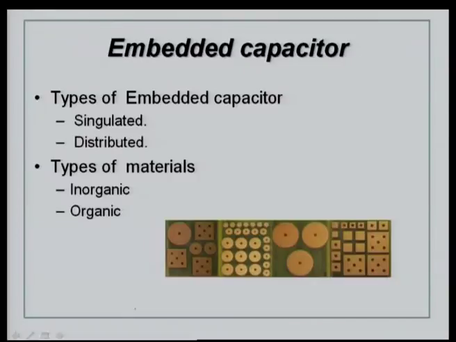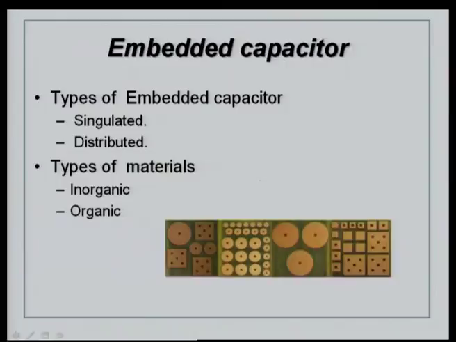Now, we will move into the next topic in embedded passive components, that is embedded capacitors. What are the types of embedded capacitors that can be designed, fabricated and tested? The first one is singulated capacitors, and the second one is distributed capacitors.